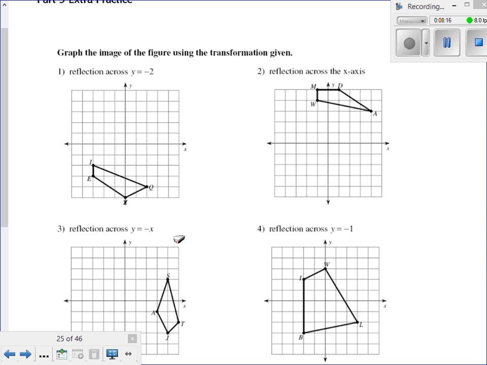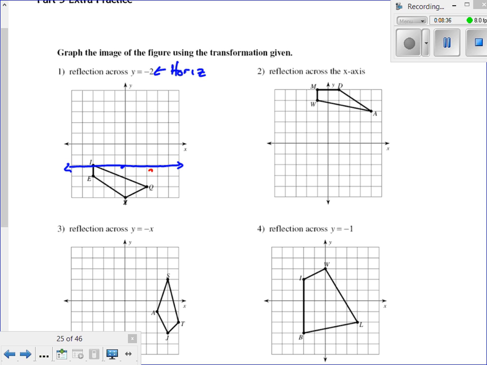Remember, y equals, that's a horizontal line. So that goes through 2 up here. Oh, excuse me, negative 2. That means this is your line of reflection. The tricky part here is we're so used to using the axes that sometimes we forget if the mirror moves. But it's the same kind of rules, right?